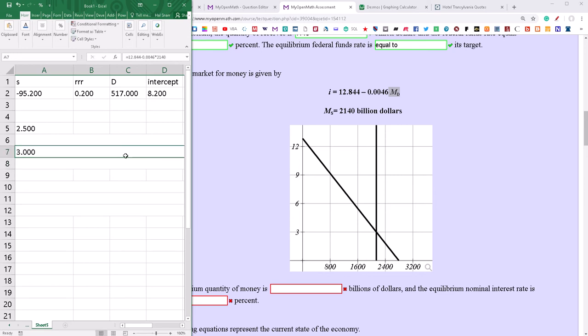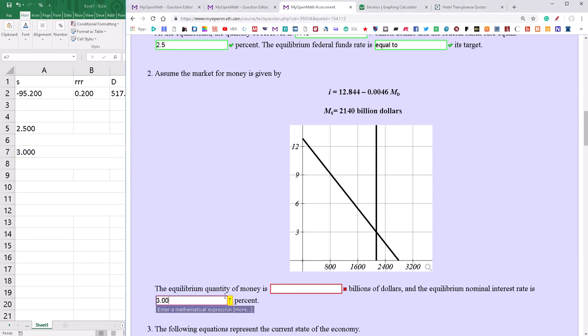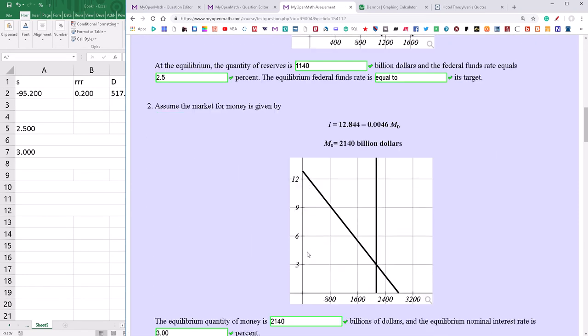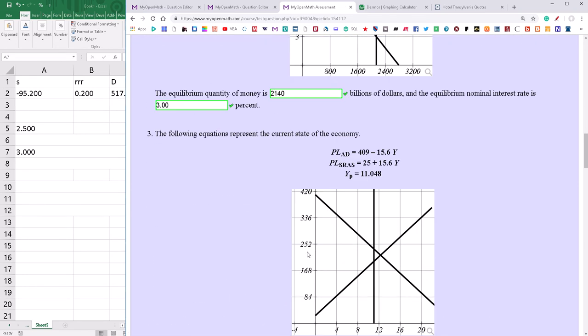We get a nominal interest rate of 3.0. So these two curves intersect perfectly at 3.00. So we're at 3.00 there, and the equilibrium quantity of money is the $2140 billion. Okay, and we hit enter, and then we move on to the AD-AS model.